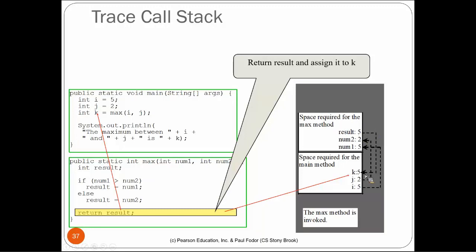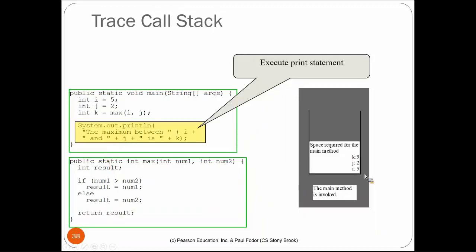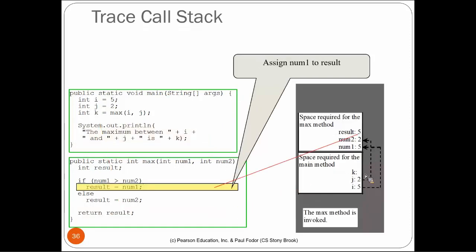We copy 5 into the value of k. At this point, we delete the frame for the method max, and we print the maximum in the main method. We are already back in the main method, so we have access to i, j, and k. Within the method max, we could not access the variables i, j, and k.